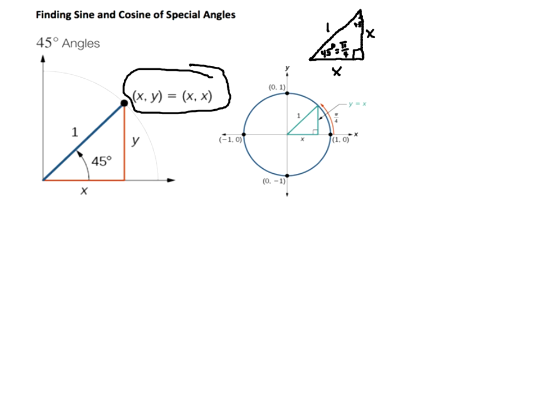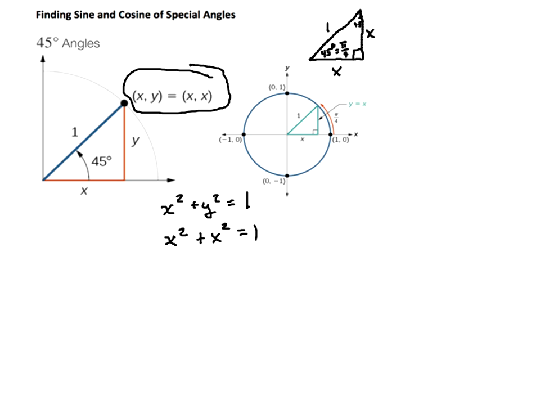So we have that relationship, the Pythagorean theorem sets up, that says x squared plus y squared is equal to 1 in our unit circle. And because I can replace y with x, that's the same thing as saying x squared plus x squared is equal to 1.